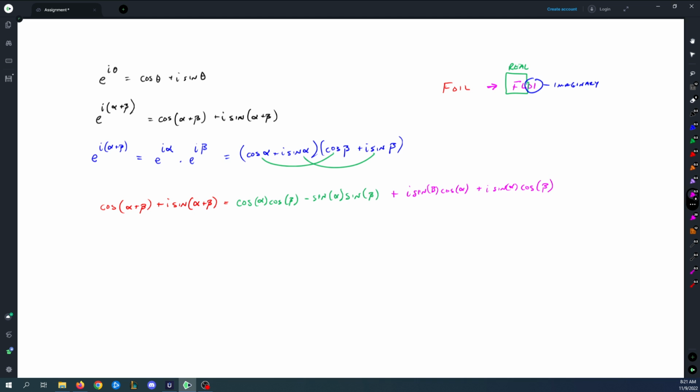And then if I combine these two, I can just factor out the i, and I get i times sine of beta cosine alpha plus sine alpha cosine beta.